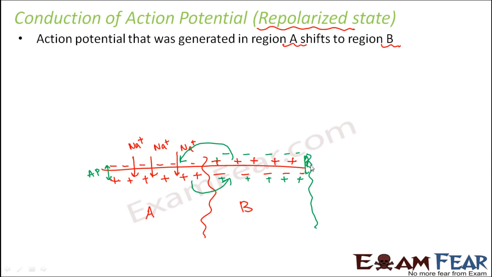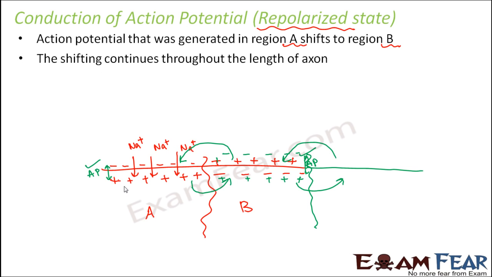Then again the same process takes place between region B and region C, and that is how the action potential is transmitted from one part of the neuron towards the other, and how information is transmitted throughout the length of the axon. This shifting continues throughout the length of the axon, and this is how conduction of impulses occurs.